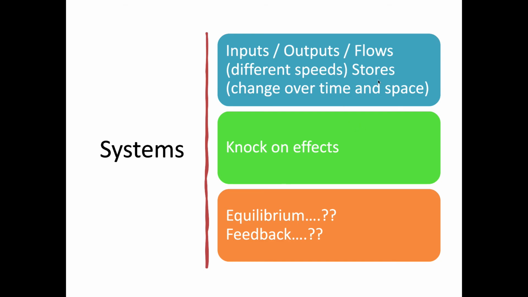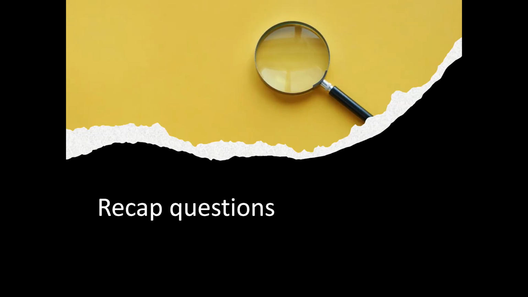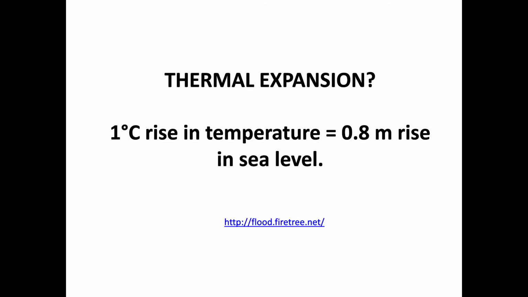And we have spent a reasonable amount of time in this video talking about the fact that stores will change over time and also in different places. So that's an important theory. The thing that hopefully you know from coasts is that if you change one part of a system, you will affect the rest of that system. And we have been talking about that today.